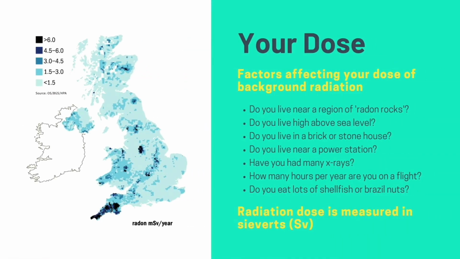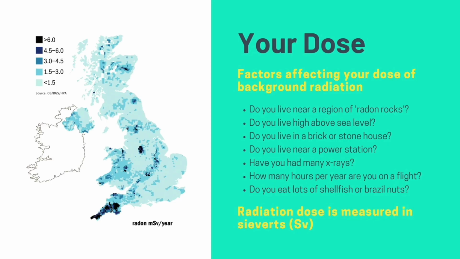One of the things that's really interesting to do is to work out what your dose of background radiation is. There's a little sheet attached to the bottom of this tutorial, and you can tick off and work out what your dose of background radiation is per year. It depends on a number of things. It depends on where you live. So, do you live near a region of radon rocks?